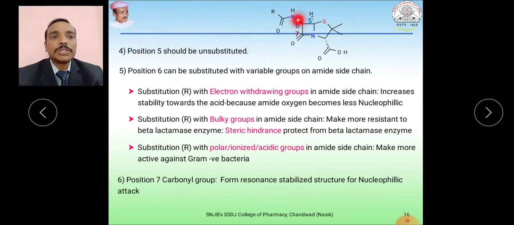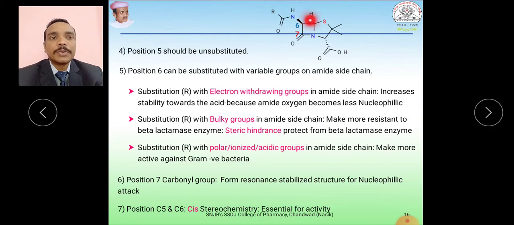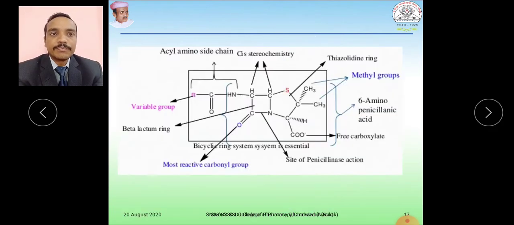Now coming to the position 7 over here, that contains the carbonyl group. It forms the resonance stabilized structure for nucleophilic attack. So that is again essential. So this is about the 7 point. Now carbon 5 and carbon 6 here, that should show cis kind of stereochemistry because it is essential for activity.